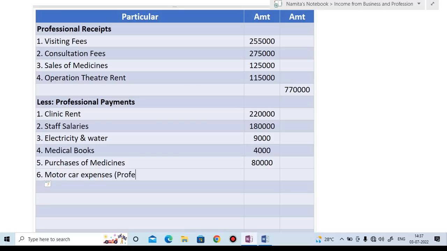So professional use is 2/3 of 60,000. 2/3 of 60,000 will be what? 60,000 multiplied by 2 divided by 3, we will get 40,000.